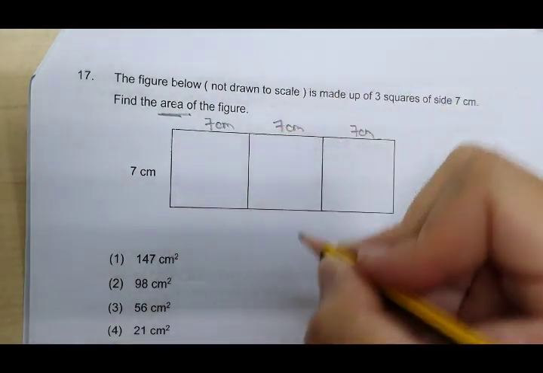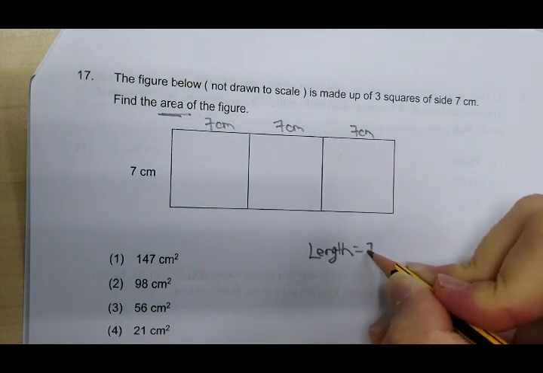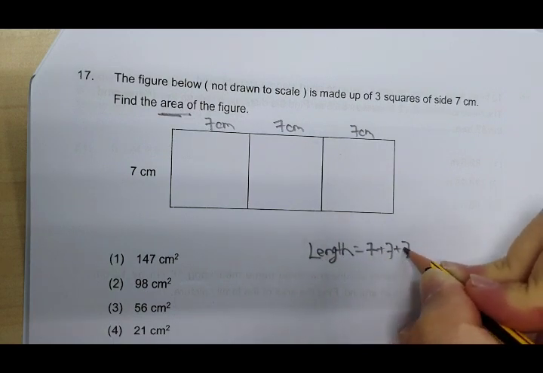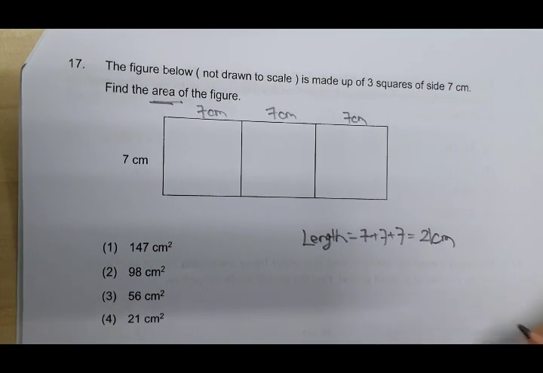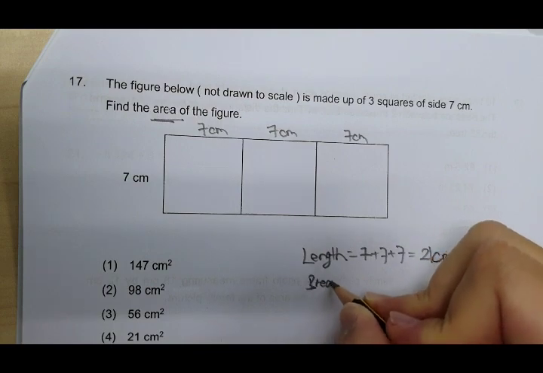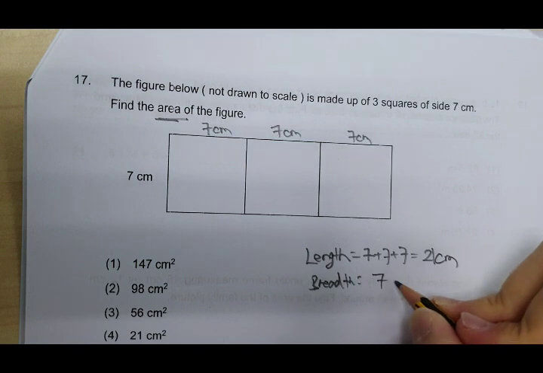So in this case, for the area of the whole figure, the length is 7 plus 7 plus 7, which gives us 21 centimeters, while the breadth is actually still 7.